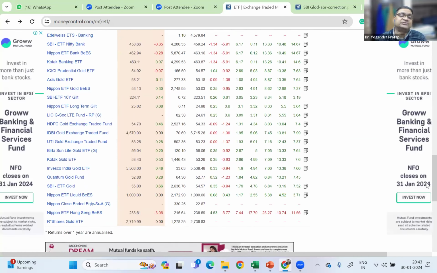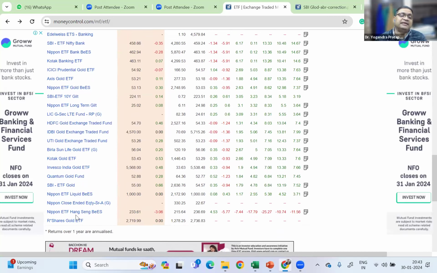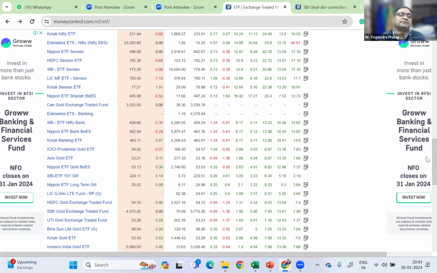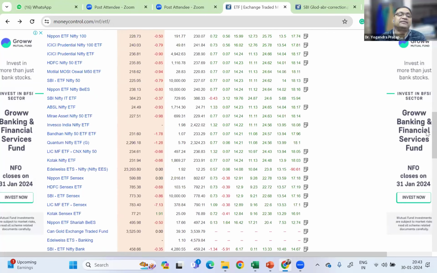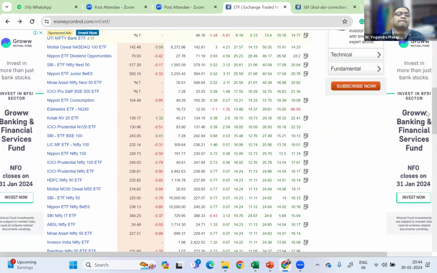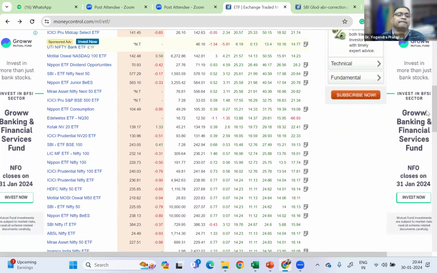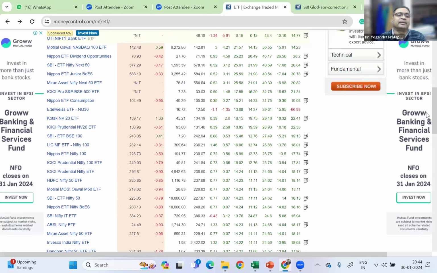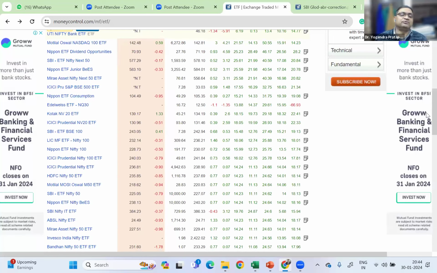There is a Nippon ETF, and this is Nifty BeES, one of the best products which actually replicates the Nifty. So tomorrow I will show you the broker side, and how to do the stock SIP.